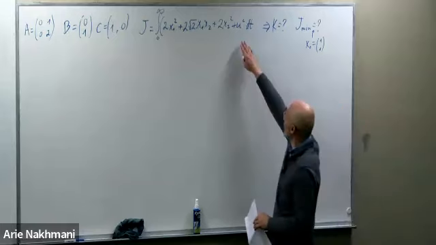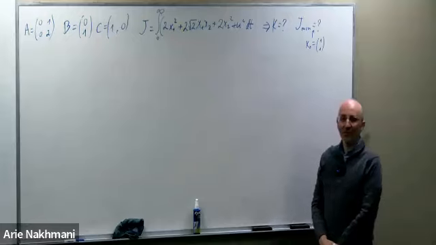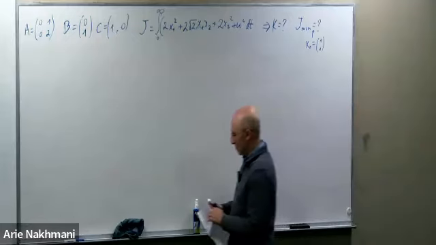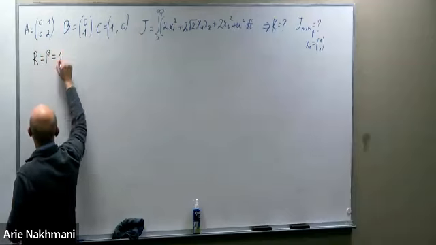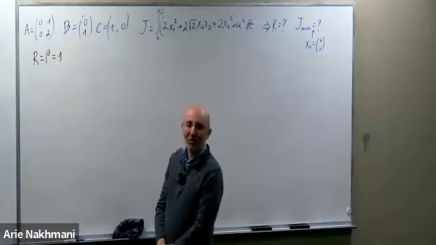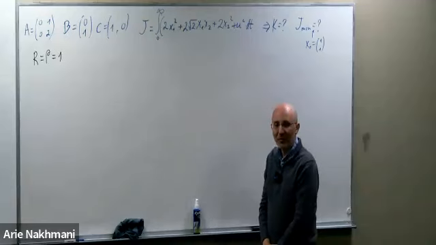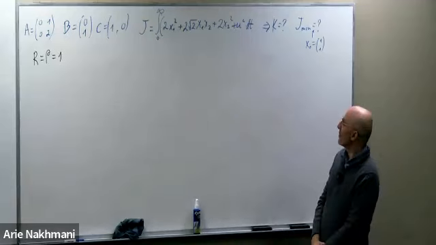What multiplies u squared? 1. R equals 1. Call it R or rho, same thing, for these systems. What is Q?